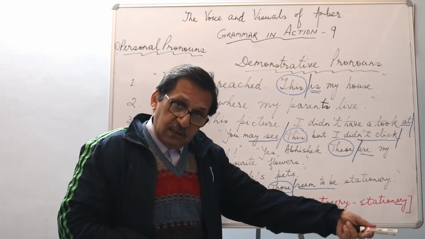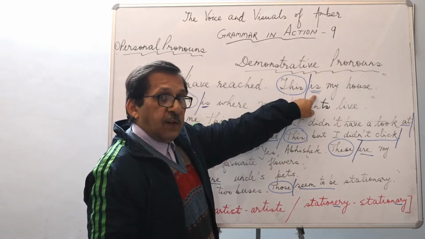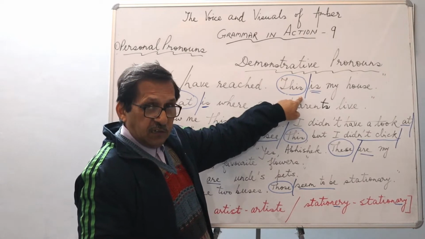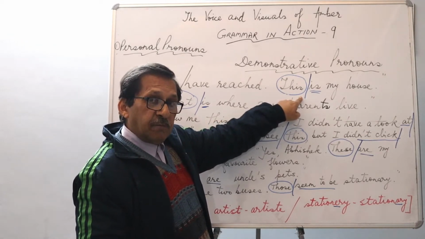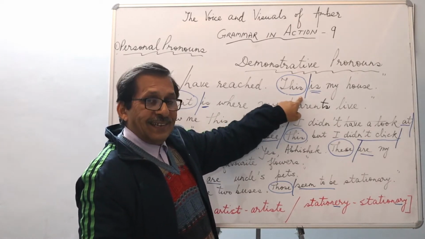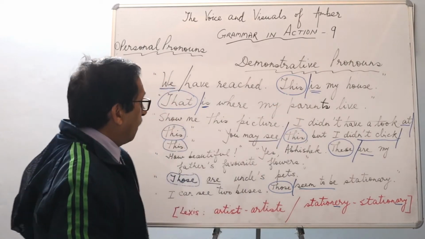So this is my house. Is is the to be verb, and before the verb we have the subject this. So this, the singular demonstrative pronoun in this sentence, acts as the subject of the sentence.